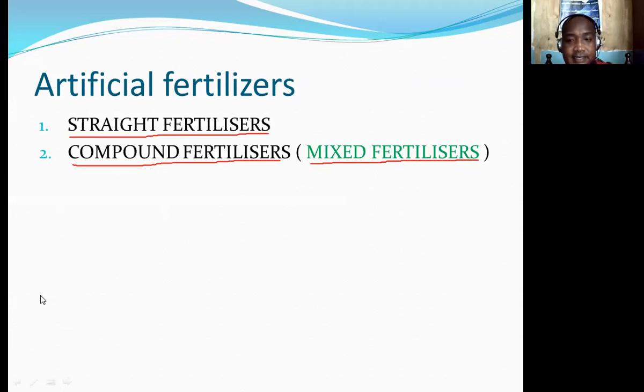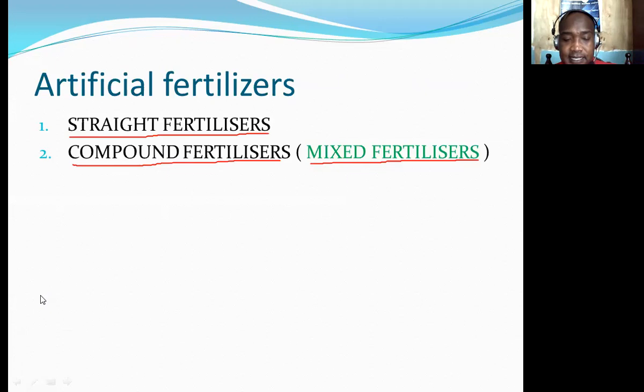Phosphatic fertilizers, examples are bone meal. We have single super phosphate, that is SSP.